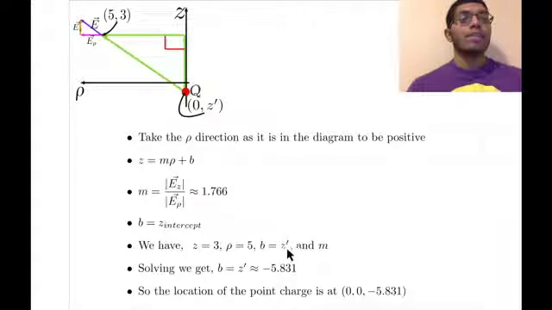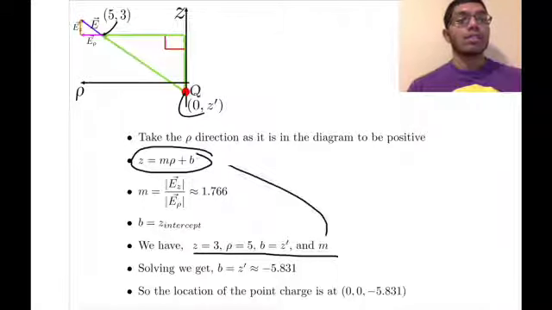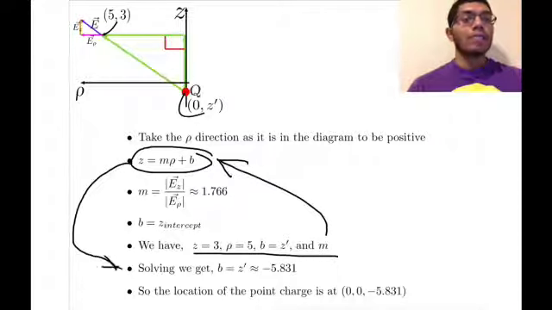So I can easily find what this z prime is, just by simple algebra. So I plug all these values over here, into this equation. Finally, that gives me a z prime of approximately negative 5.831. So I know that the charge is located at negative 5.831 on the z-axis.